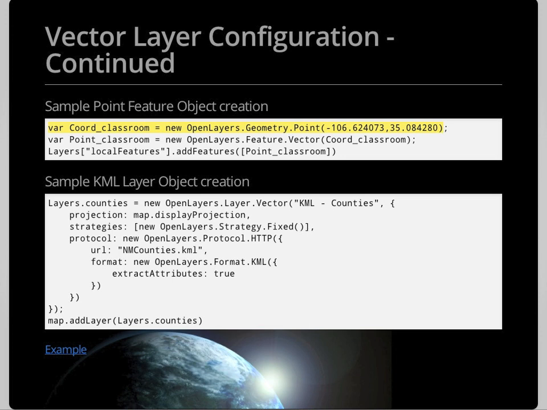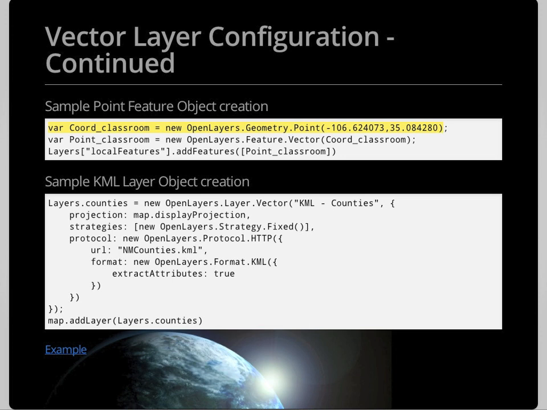This is the reverse from the way we worked in Google Maps. And that might cause you some confusion if you just copy coordinates over from, say, a Google Maps client into your OpenLayers JavaScript, because you may have to reverse the coordinate order so that your coordinates come out correctly.